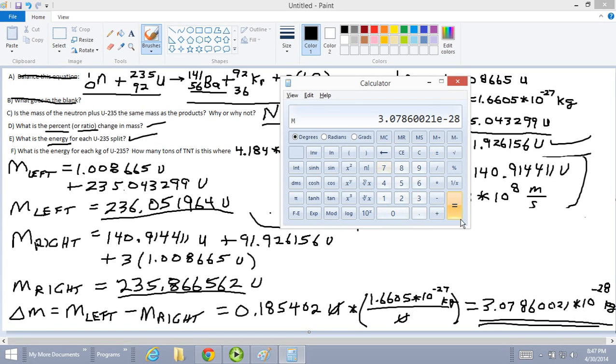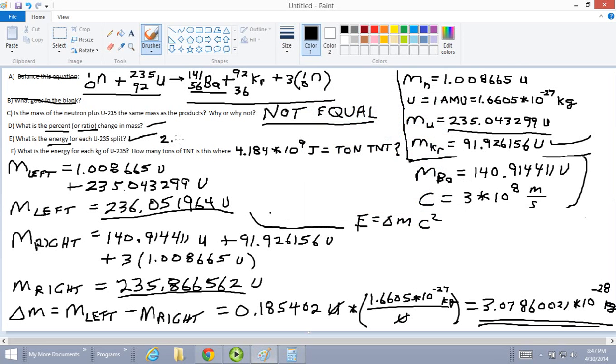That gives me my delta m again, times 3 exponential 8, square it, that's c squared, equals, and convert it to scientific notation, 2.77 times 10 to the negative 11 joules. Rounded to 3 sig figs.